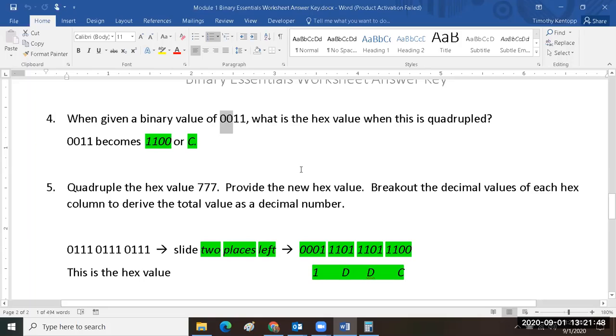Now, if I take the decimal value of 0011, what's the decimal value of 0011? 3. It is 3.